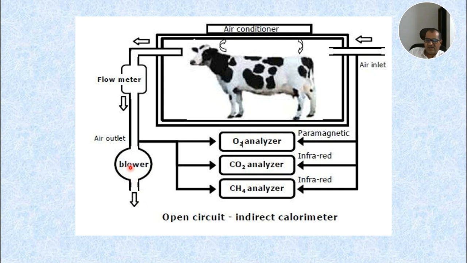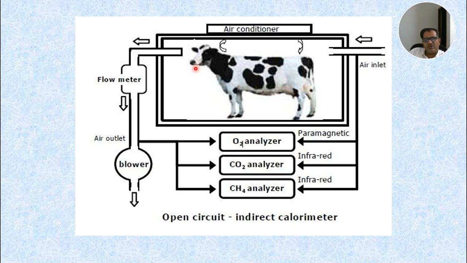Then the air outlet contains the oxygen analyzer, then carbon dioxide is also produced, then the CH4, or methane analyzer, was attached to the animal's mouth. Then the air inlet was controlled by a knob, etc.